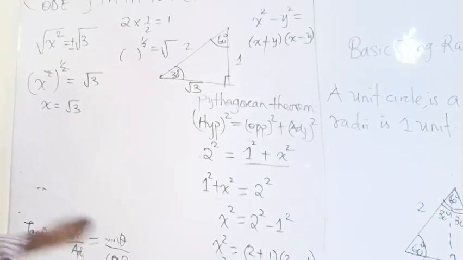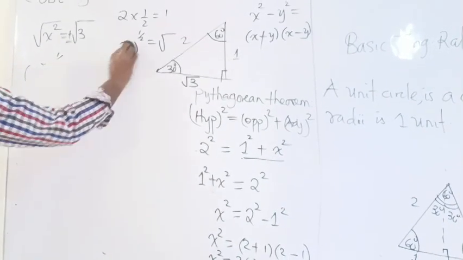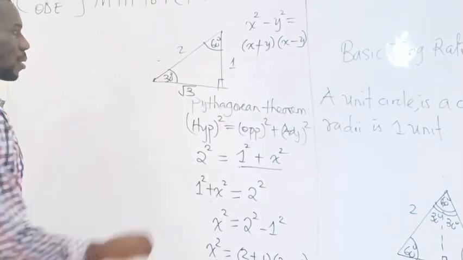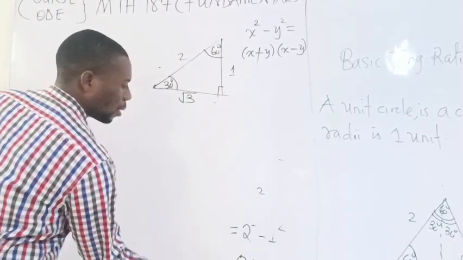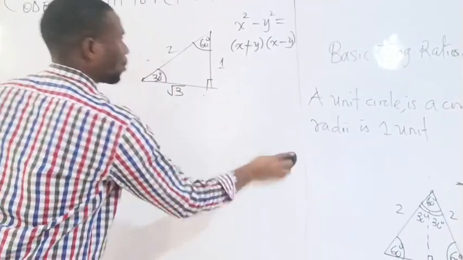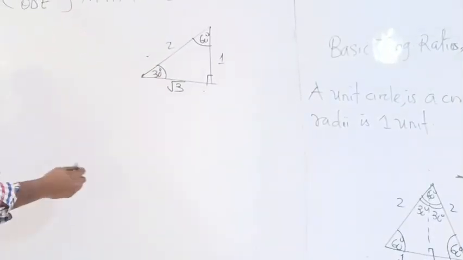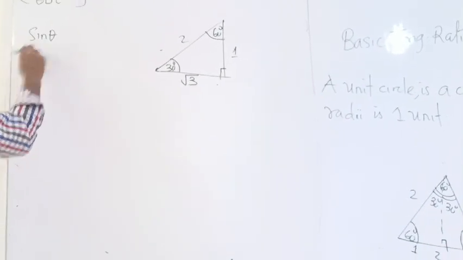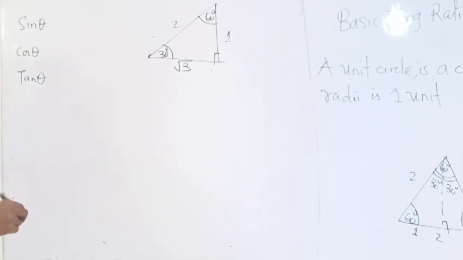So let's proceed now. I will need to rewrite this. Alright, so let me write out the 3 basic ratios, right? We have sine, we have the cosine, and we have the tangent, right? And of course you could have the other 3.